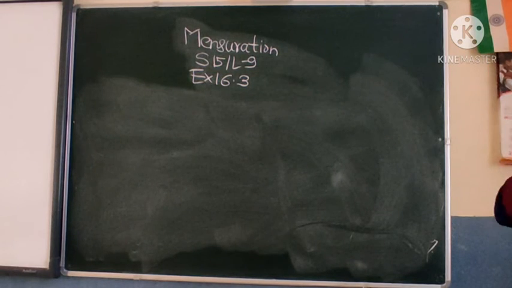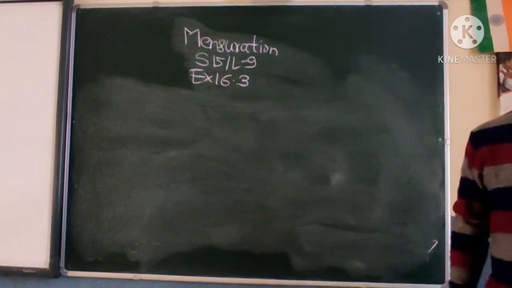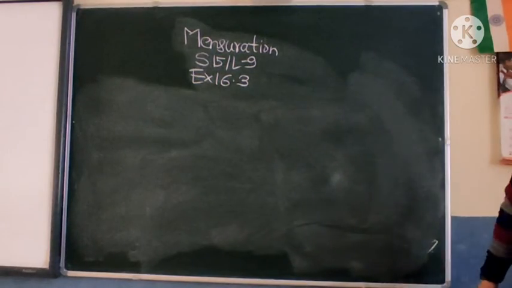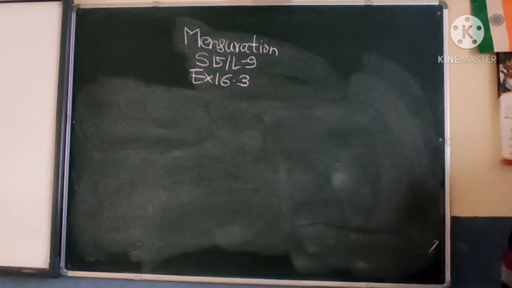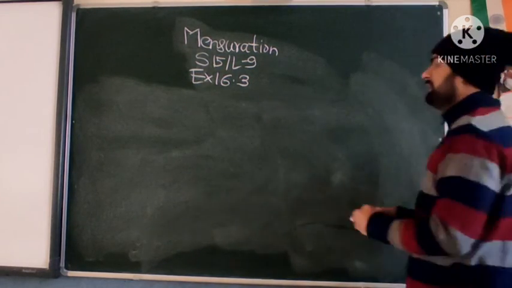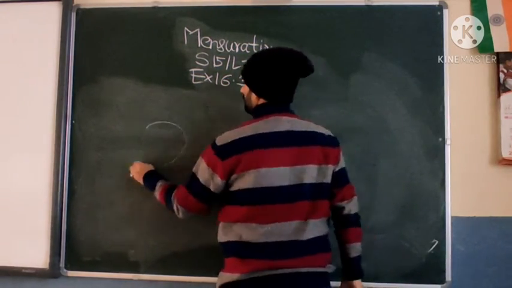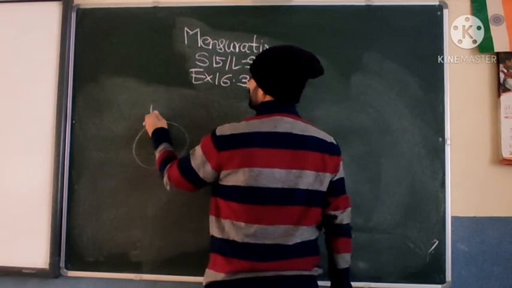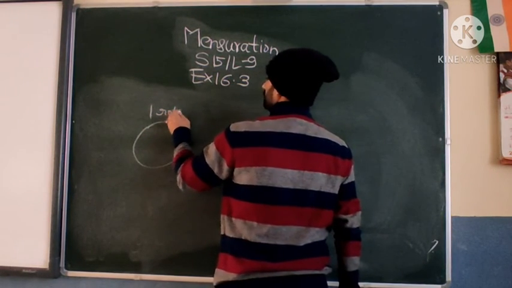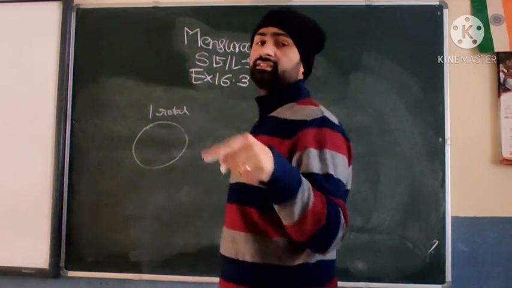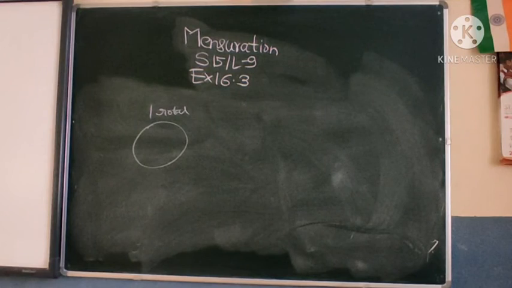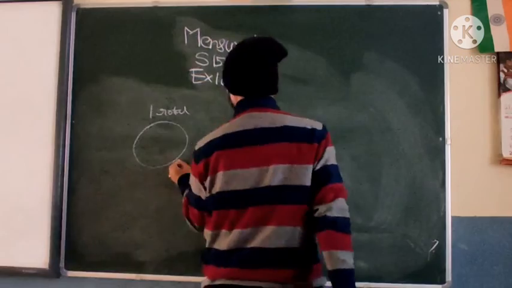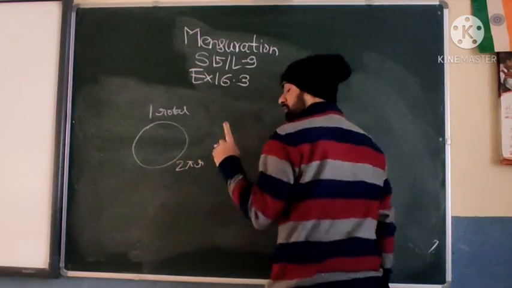When the wheel rotates one time completely, what distance is it covering? The linear distance will be equal to the circumferential distance. That means 2 pi r is covered in one rotation.